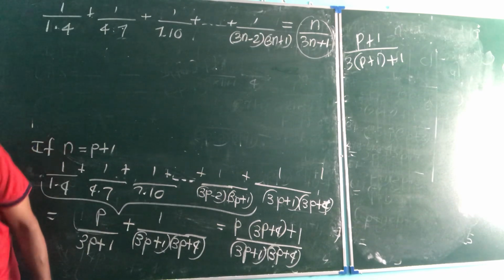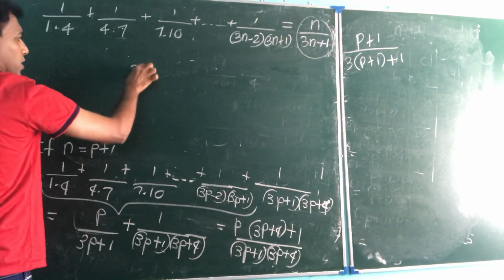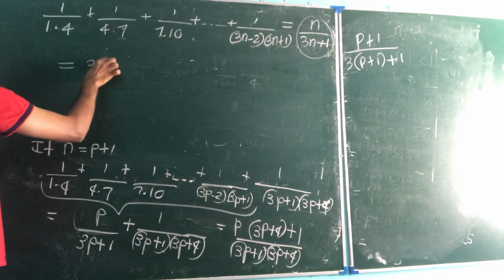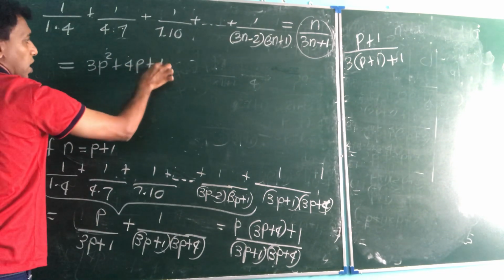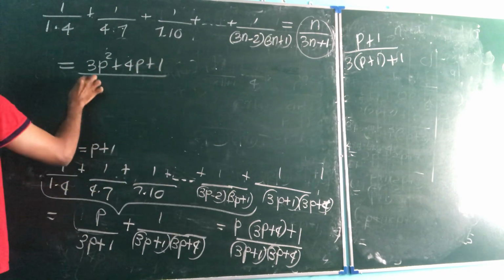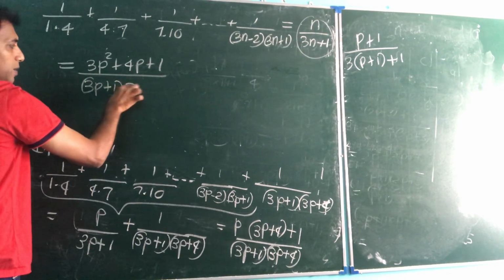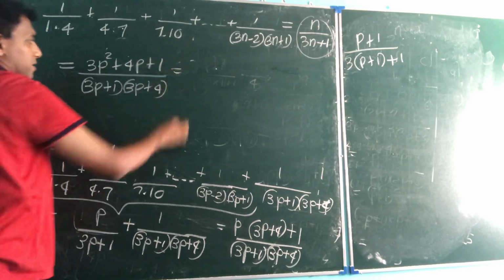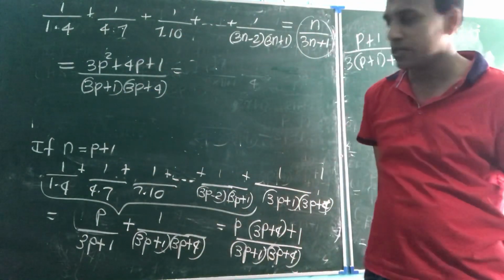So simplify, you know what the answer should be, right? I write here 3p square plus 4p plus 1 over (3p plus 1) into (3p plus 4). Then factorize the numerator.